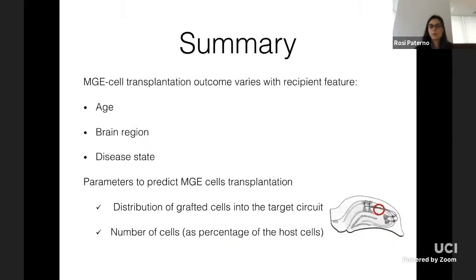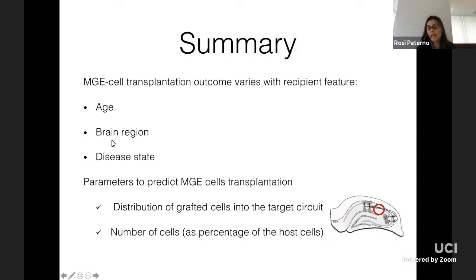To conclude this part, what we think is that when we use MG cell transplantation, how the cells behave and the features of the cells will also depend upon the recipient animals that we are going to treat. In particular, age, brain region and disease state may play a role.